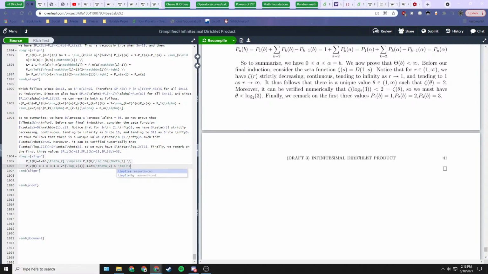And that implies that p sub 2 of b is less than or equal to 2 to the power of theta 2 minus 1.